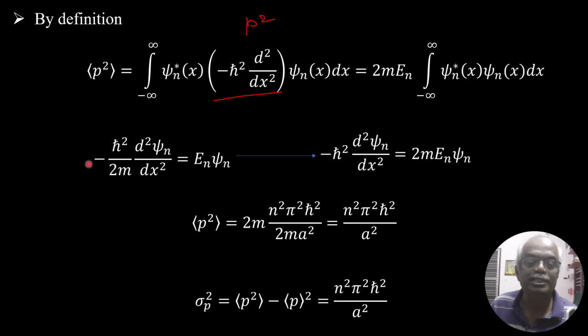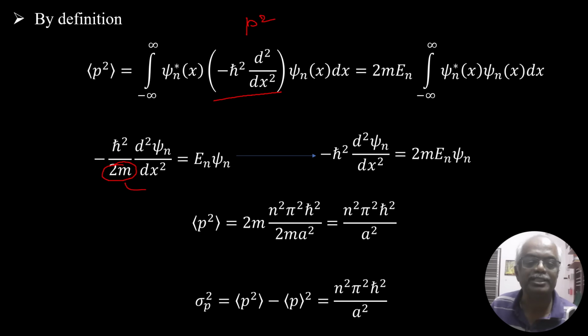That means the Schrodinger equation will become minus h cross squared over 2m d2 psi over dx2 is E n psi n. This I am again stressing, you can use only when potential is 0. So now you bring this 2m to the other side.